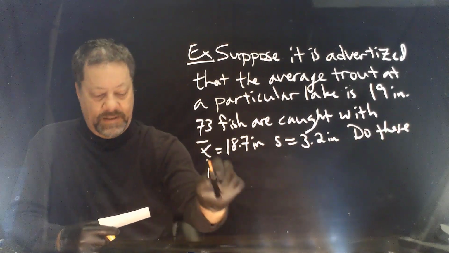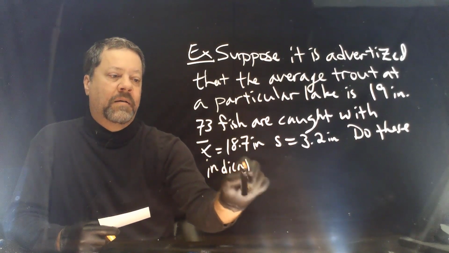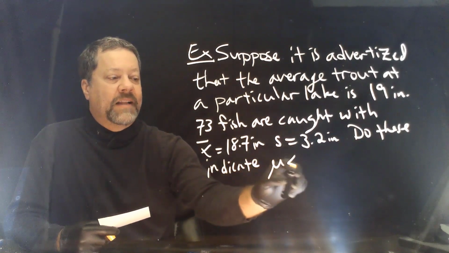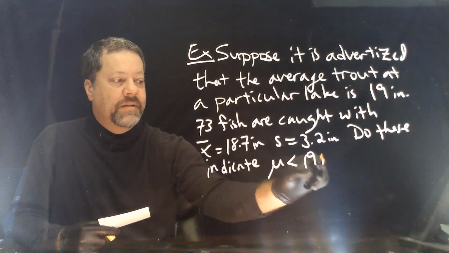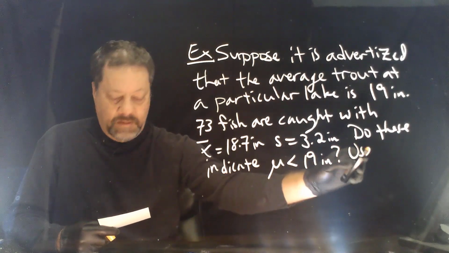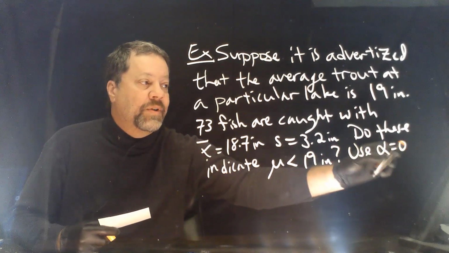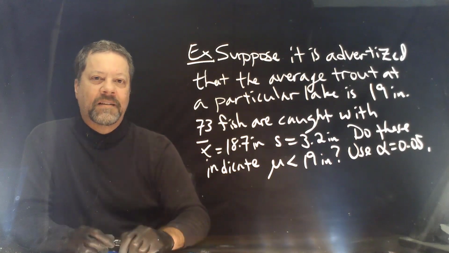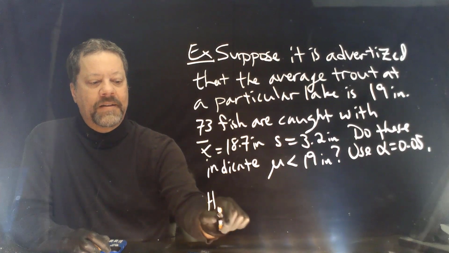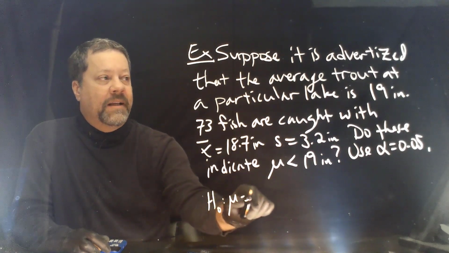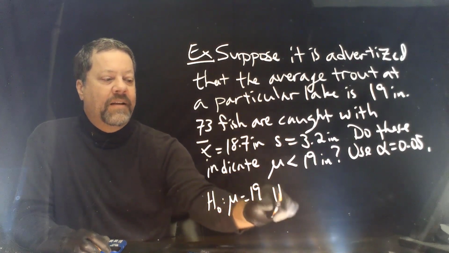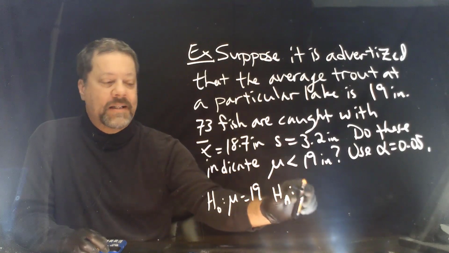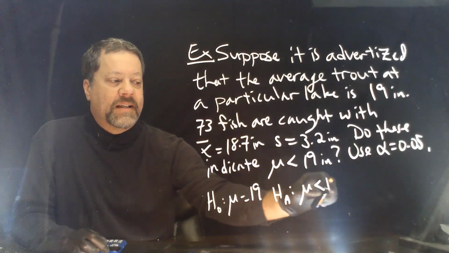Do these indicate that the mean is less than 19 inches? Use alpha equals 0.05, so a 5% level of significance. Our null hypothesis is that the mean is 19 inches, and the alternative hypothesis is a one-tailed test, that the mean is less than 19 inches.